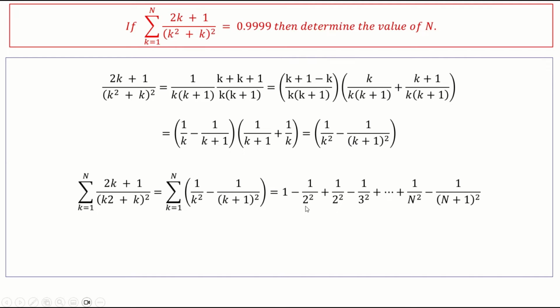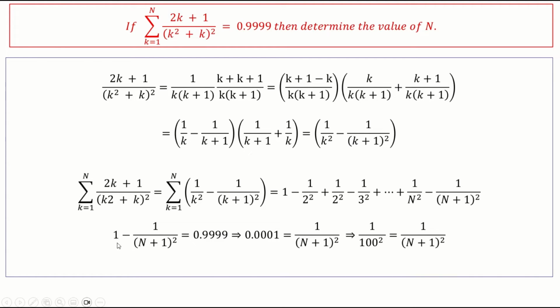If you clearly see, you can cancel the terms except this 1 and minus 1 by (n plus 1) whole square. Rest all the terms get cancelled, right? So this is nothing but 1 minus 1 by (n plus 1) whole square, which is equal to 0.9999, right?